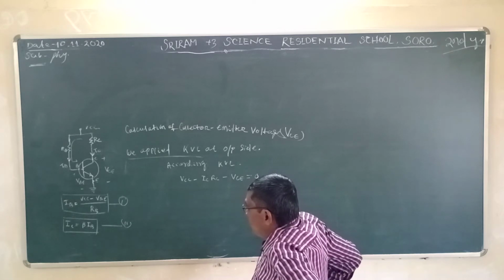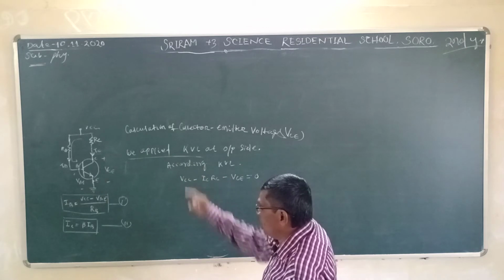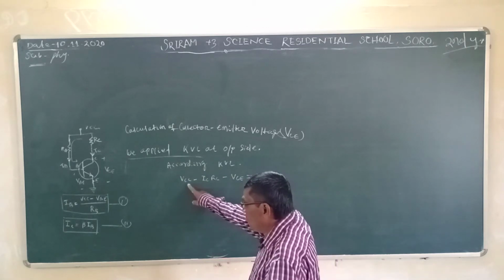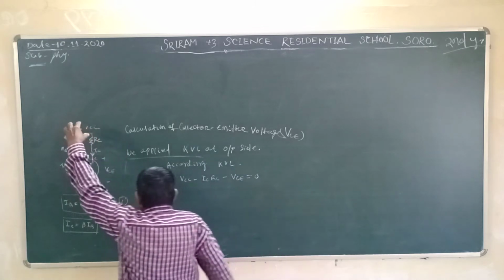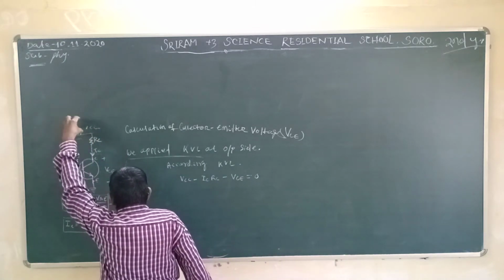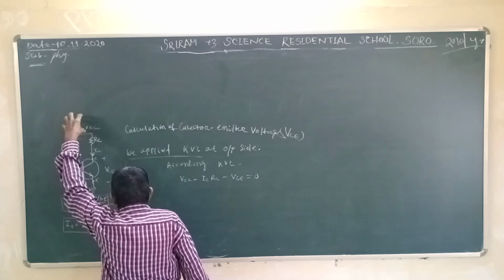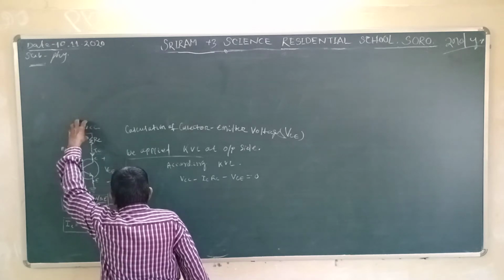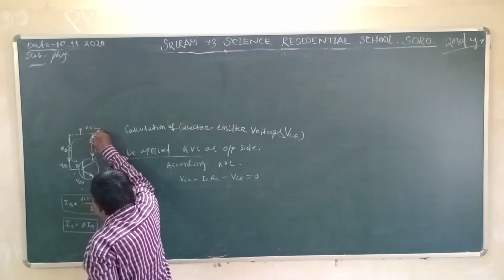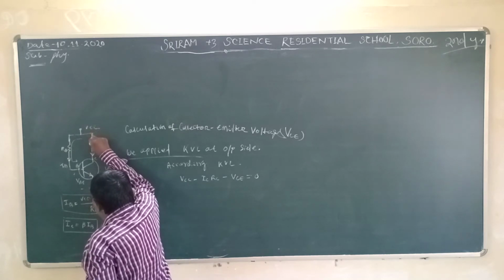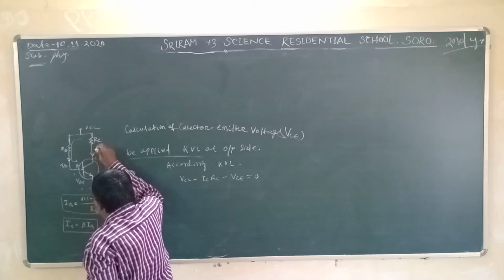Now in this circuit, when we apply VCC, that is the supply voltage, this voltage is connected to the transistor, then current will start in the collector circuit on the outer side.